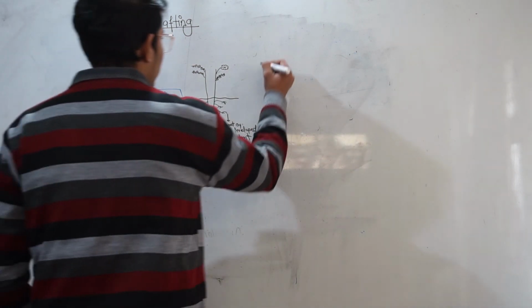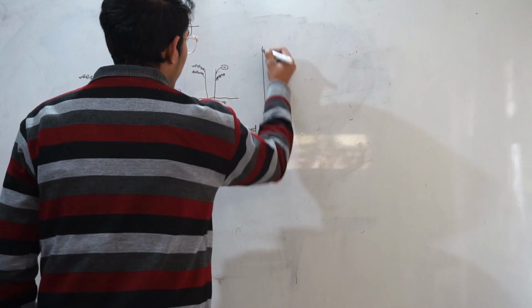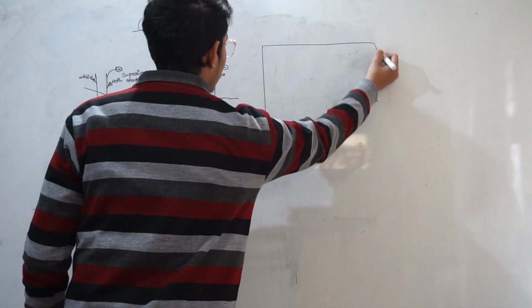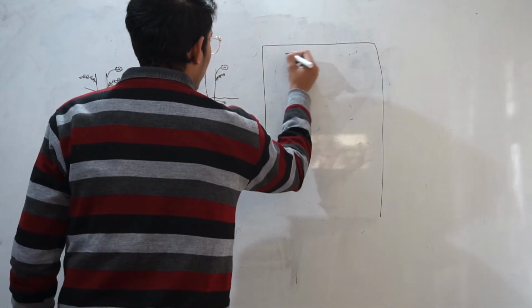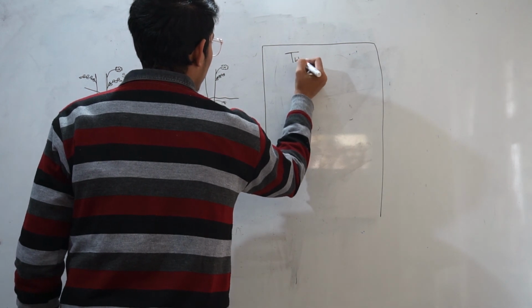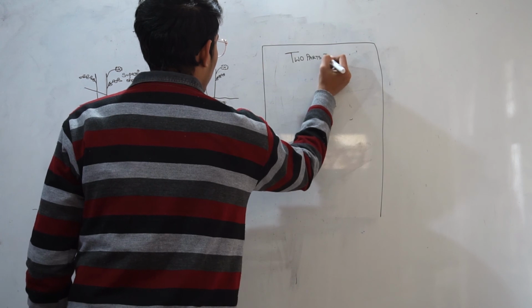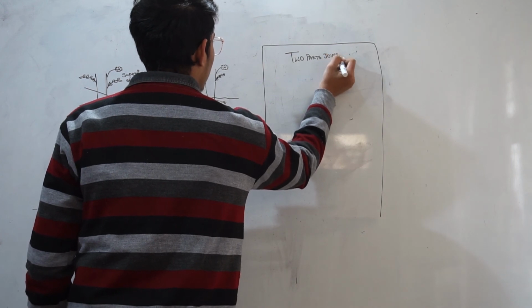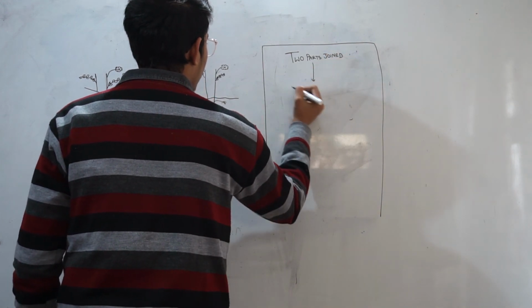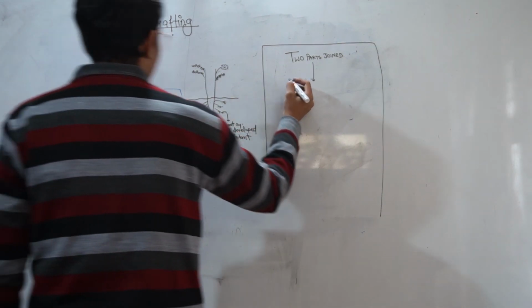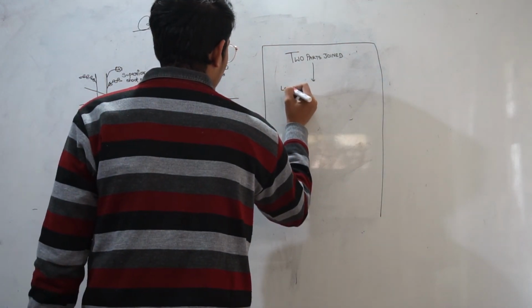So we can write this information here. Two parts are joined. Due to this, there will be the formation of lateral meristem cambium.